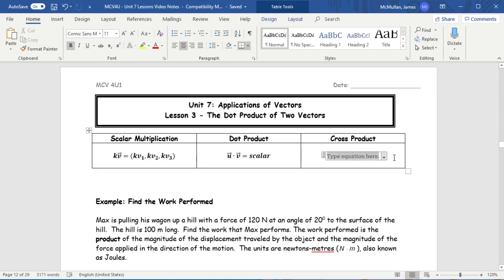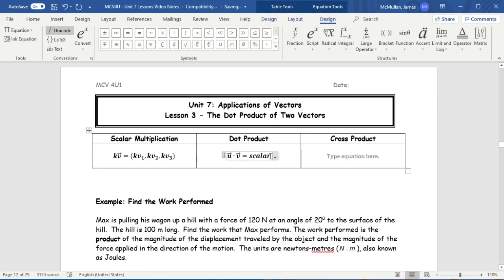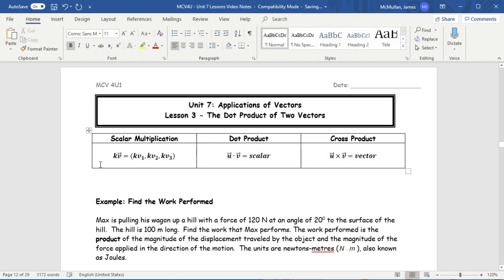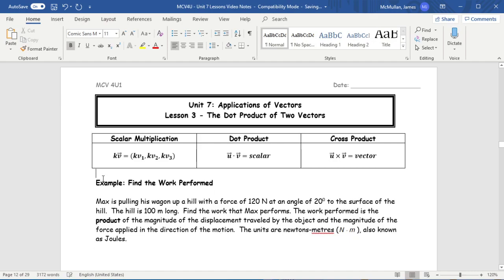Now, the cross product is a similar idea. It's u, except it uses this sign, and what it generates is a vector. So when I say multiplying vectors, there are many different ways to multiply vectors.